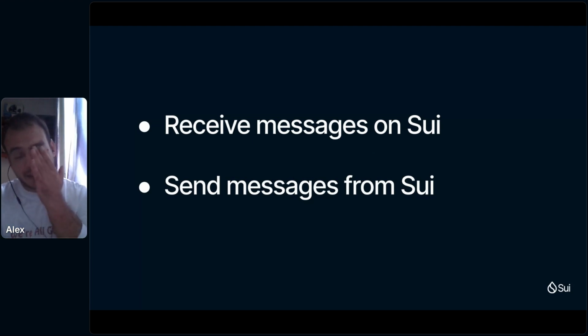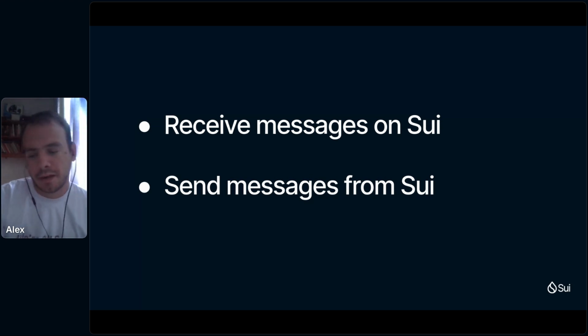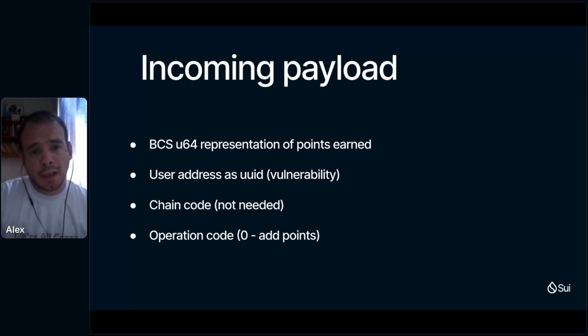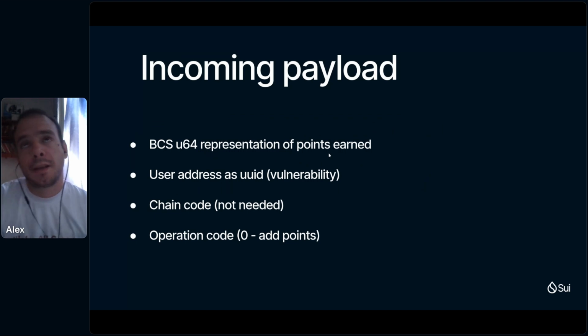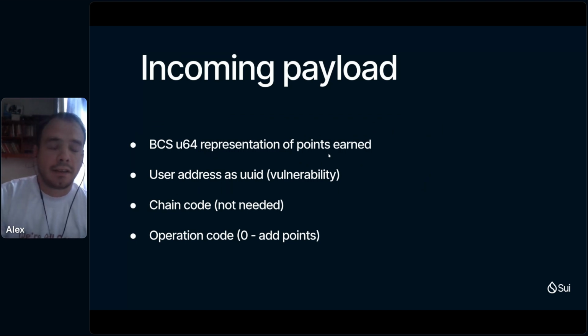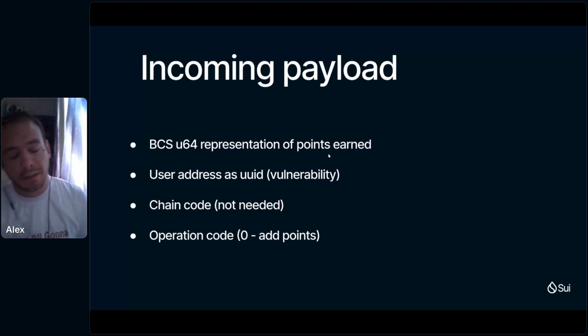So as I said, the focus will be the receive messages and the send messages in Sui, and maybe in the next workshop we will talk about relaying or other stuff that Wormhole can do. For the incoming payload, in this case, I wanted to introduce a bit of BCS. BCS is binary canonical serialization. I think it's a native library in Rust, and Sui has a library as well in its standard library that allows you to serialize and deserialize using it.